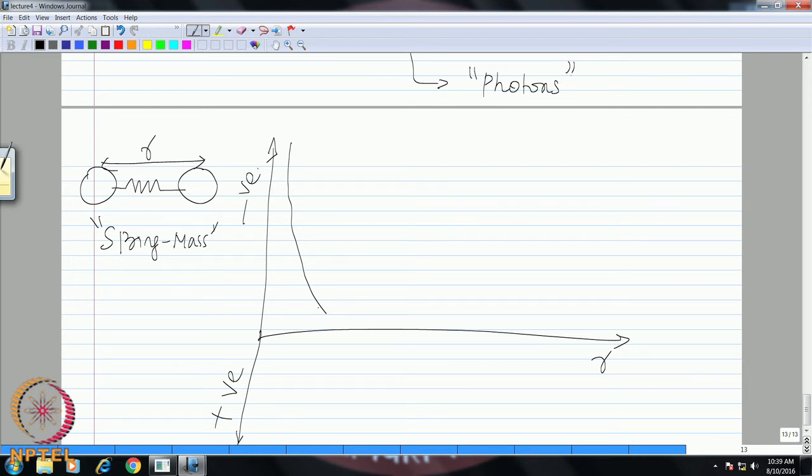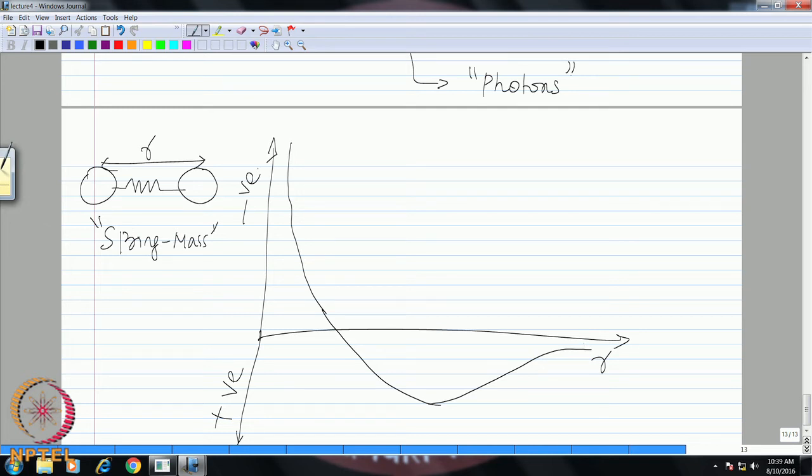As you keep increasing this, you have an attraction potential coming out, so this will transition towards the positive potential. That will continue and then reach some asymptotic value.